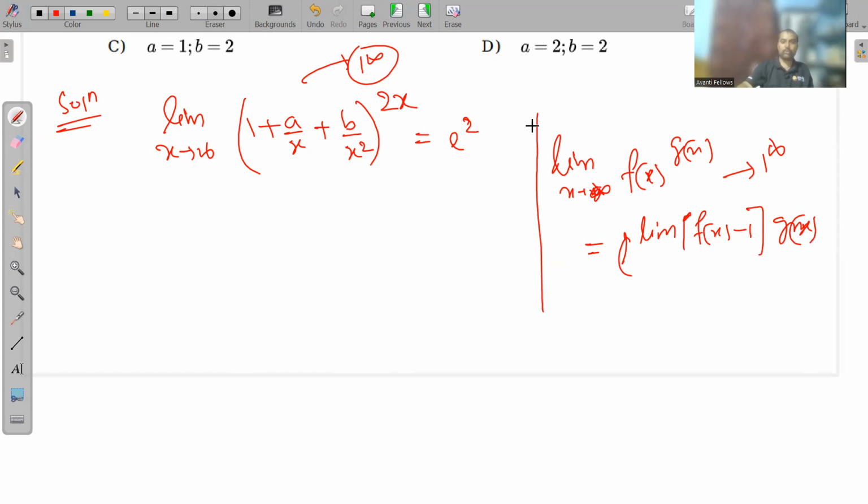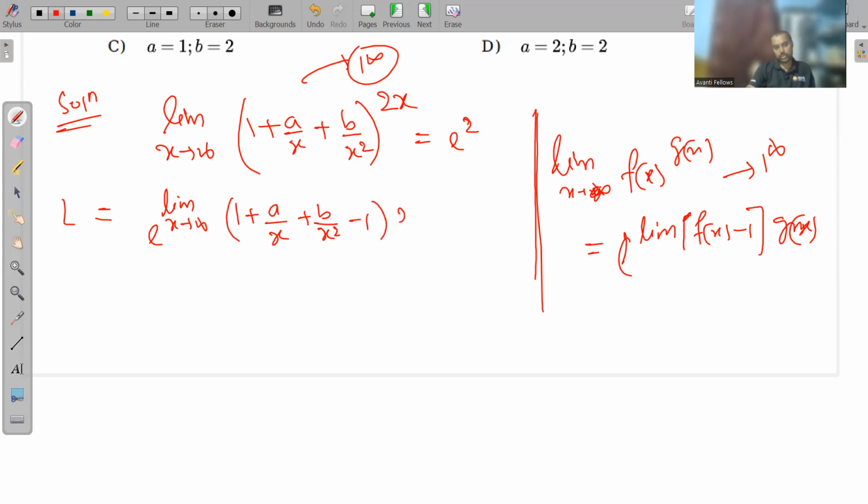So if we apply this formula, we get L equal to e to the power limit as x extends to infinity of 1 plus a by x plus b by x square minus 1, into g of x, which is 2x. So this becomes e to the power limit as x extends to infinity of a by x plus b by x square into 2x.